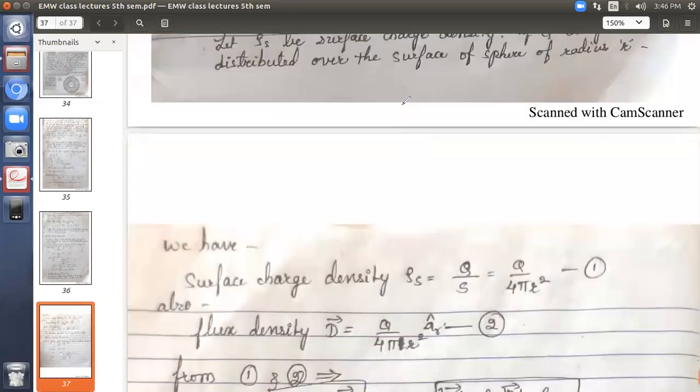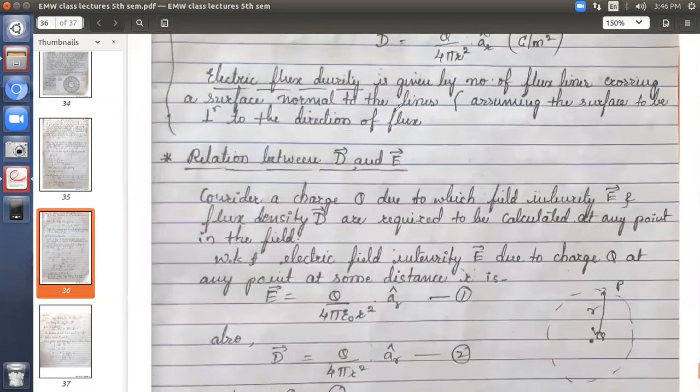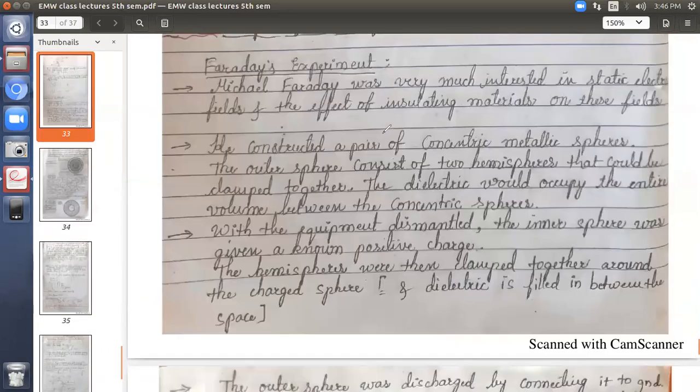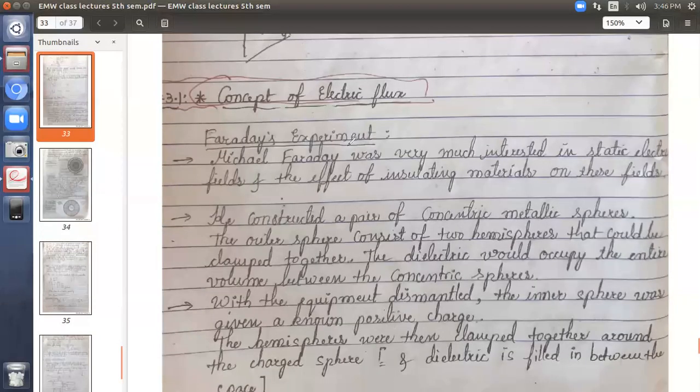So in today's session, we have seen the concept of electric flux, an important concept. Faraday's experiment: how he experimented with two spheres. He charged the inner sphere with a positive known charge.